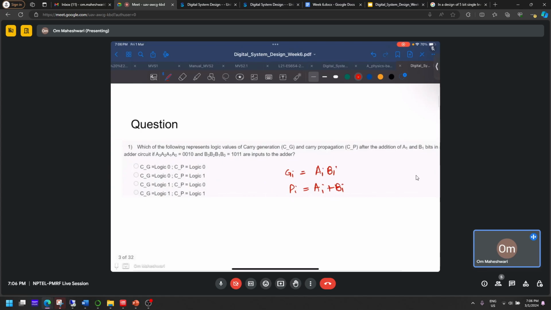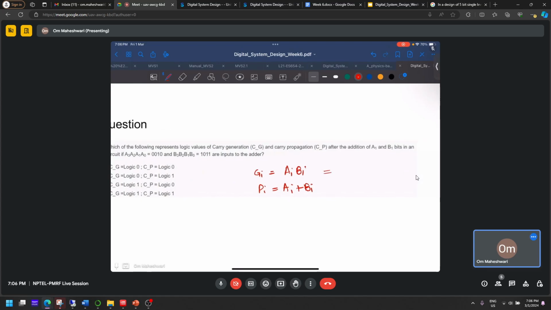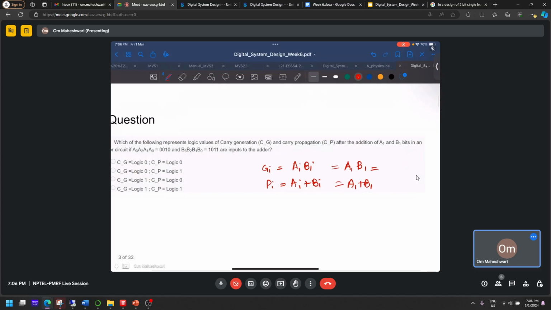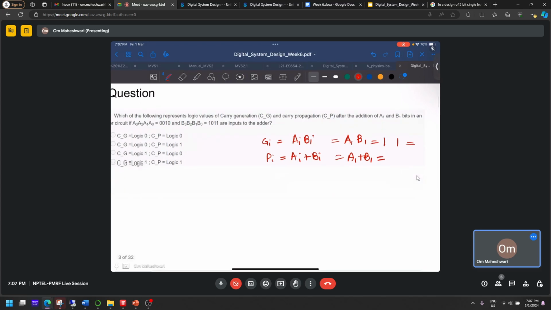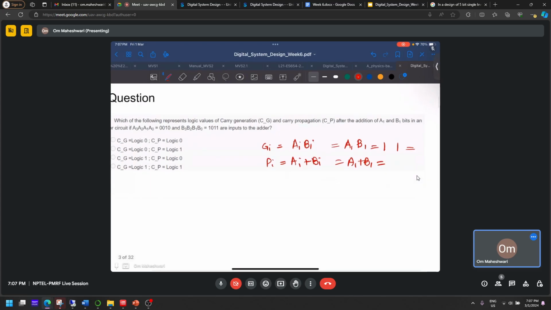So if we take A1 and B1 bits, A1 is 1, B1 is also 1, so G1 is 1, and P1, this is A1 OR B1, that is also 1.